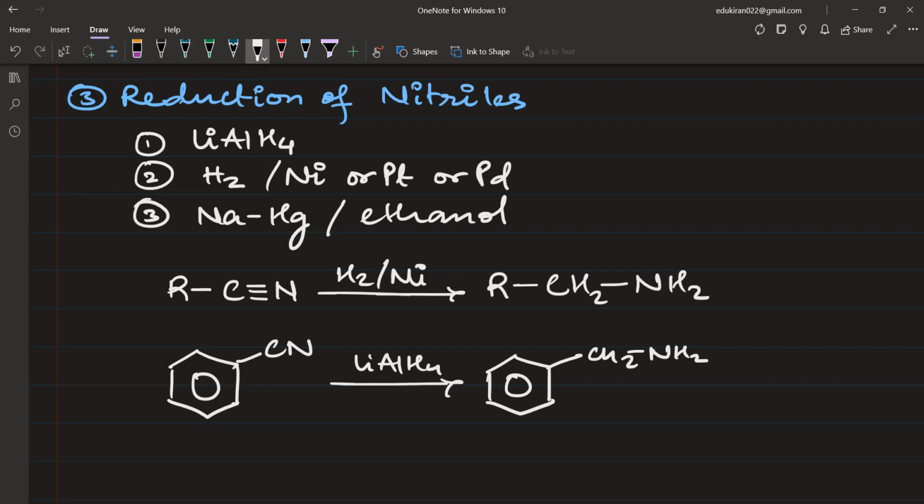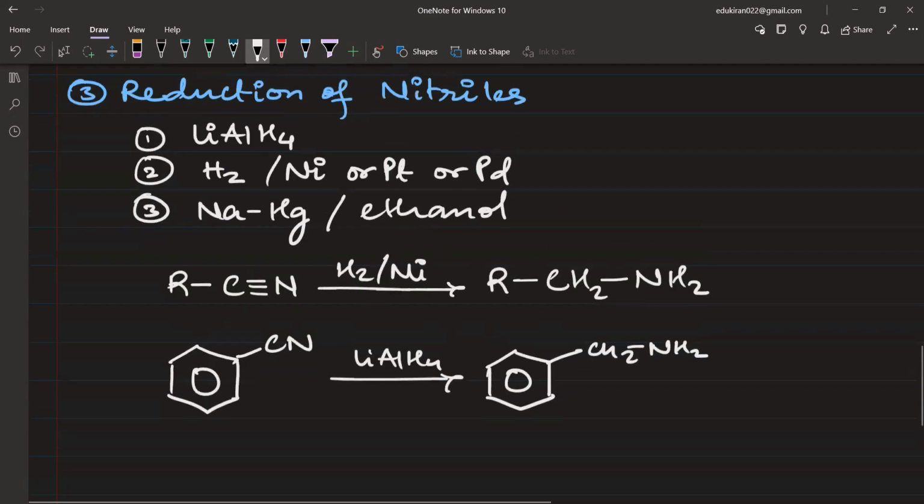This is not aniline, please remember this. This is benzylamine. This reaction is important for the conversions questions.